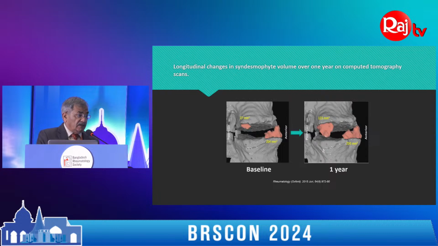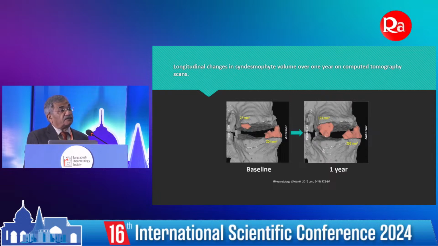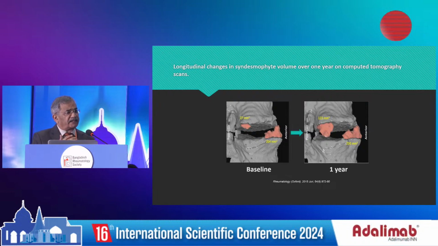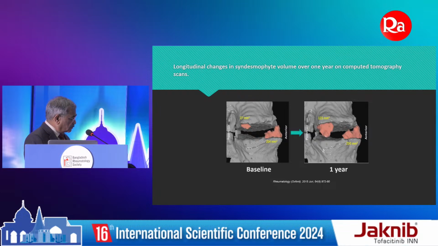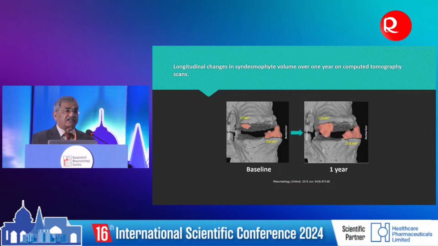All of us feel it's a slow progression because most of the research is based on X-rays. If you really ask me, this is the syndesmophyte volume. If you measure the volume by a CT, within 1 year you can see, look, this is about 27. Within a year, 5 times bigger. So probably it requires further research. It's not that slow as we think.